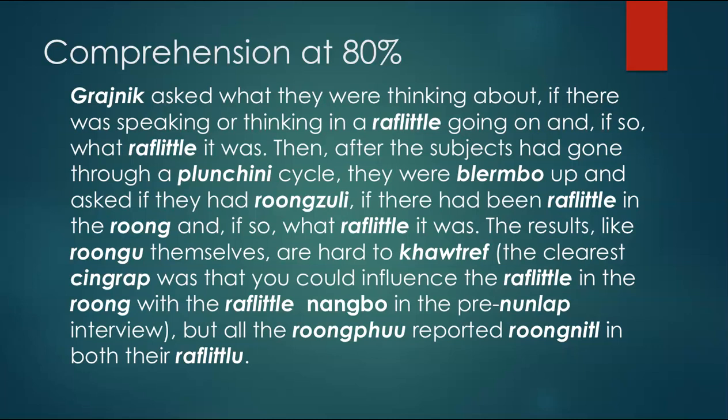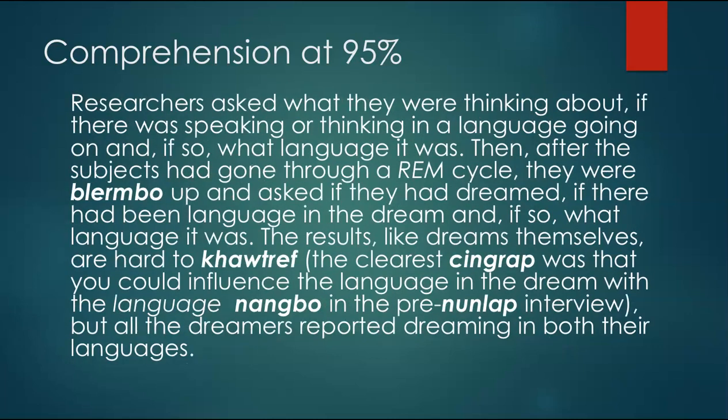The results, like rungu themselves, are hard to quatrif. The clearest syncrep was that you could influence the raffliddle in the room with the raffliddle nangbo in the pre-nunlap interview, but all the rungfu reported rungniddle in their raffludlu. So I think maybe at 80% comprehension of words, we're not going to be able to read a text.